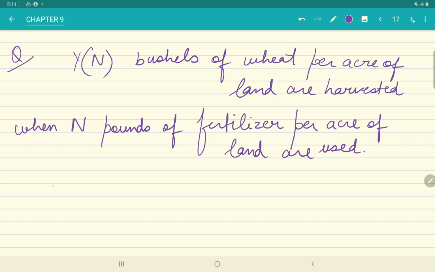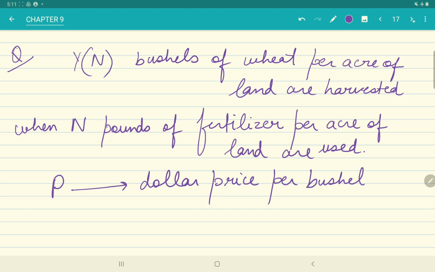So this is what we have with us. And let's say P is the price per bushel of wheat. That means the price of each bushel of wheat is P. So let's say P is the dollar price per bushel of wheat.